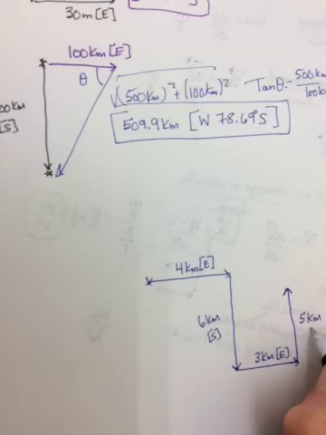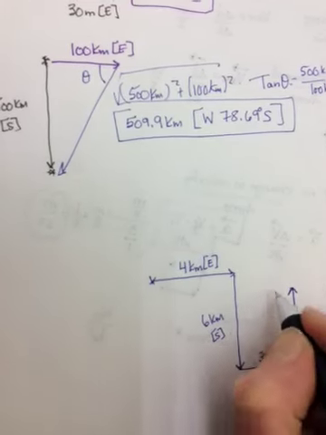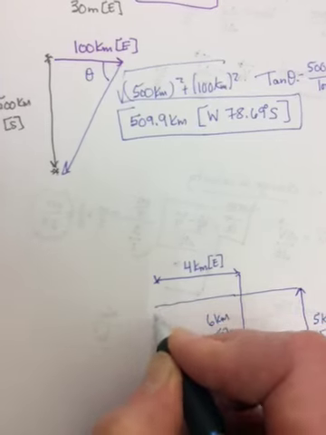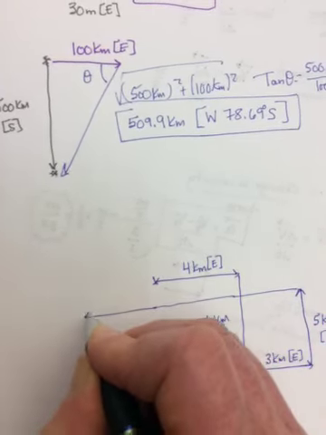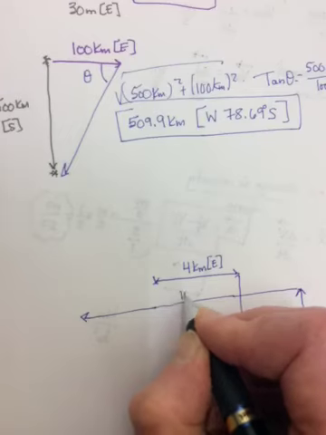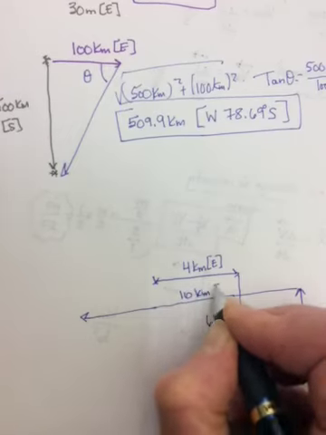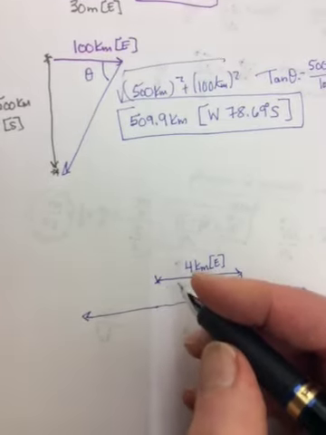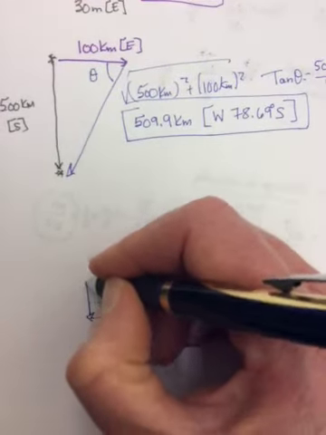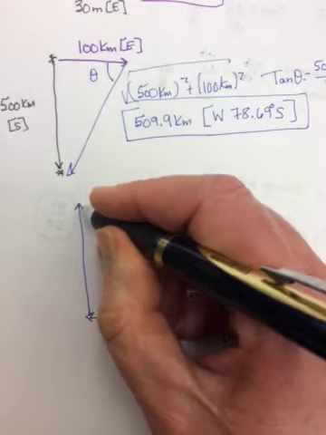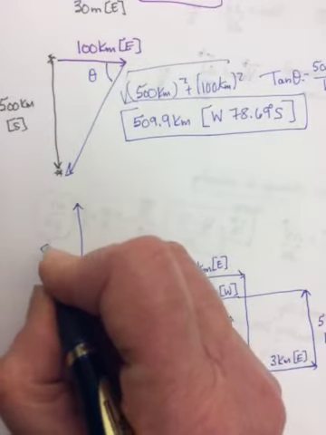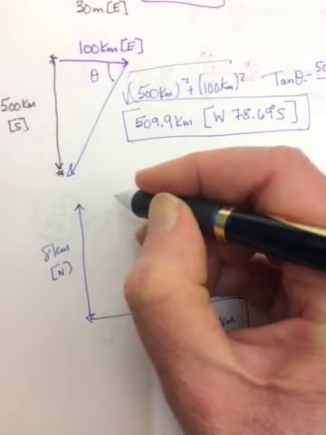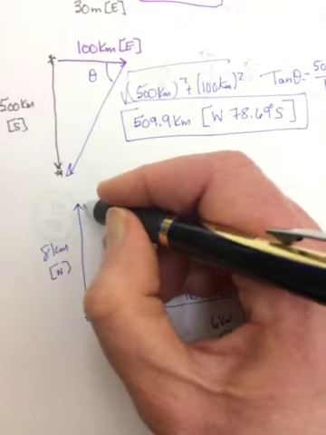5 kilometers north. And now he turns and goes 10 kilometers west. Imagine that's on a straight line. After the 10 kilometers west, he now goes 8 north. 8 kilometers north, and then he turns and he comes back 3 kilometers.